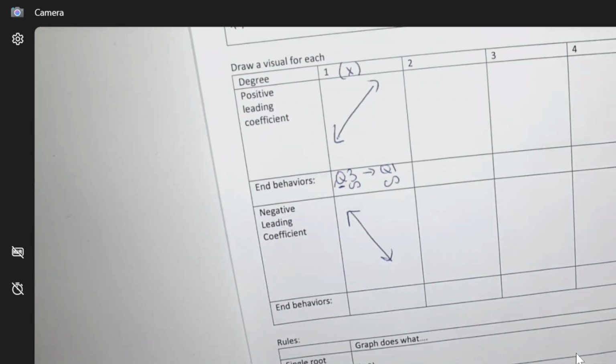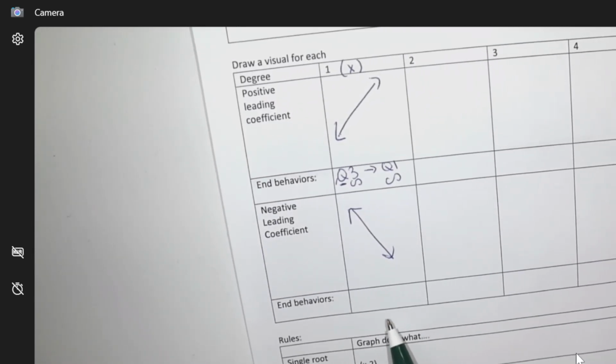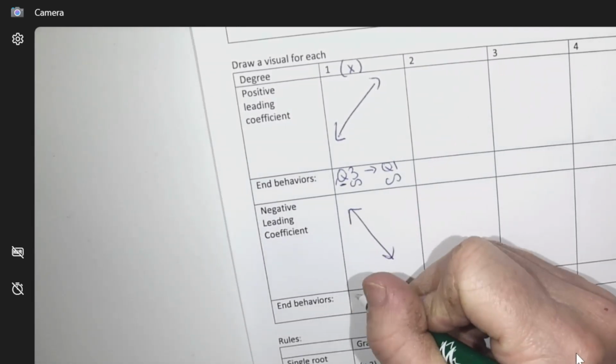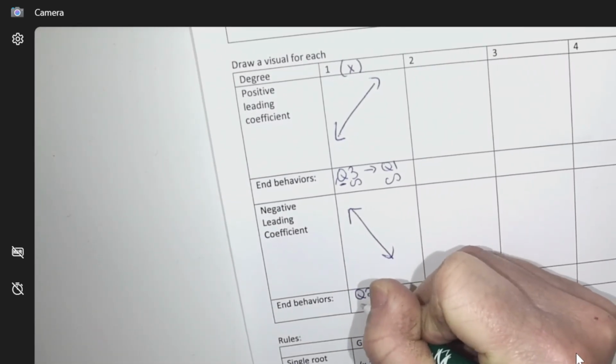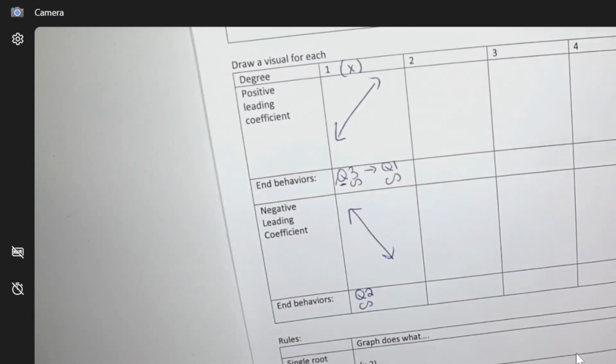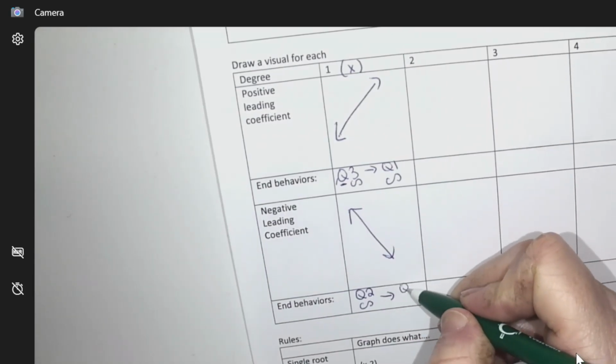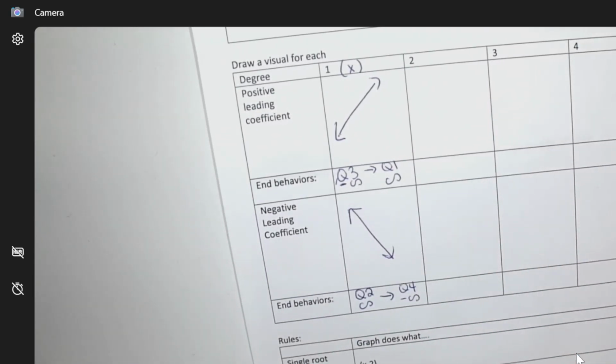So the end behavior goes from quadrant 3, negative infinity, into quadrant 1 to positive infinity. Versus this one, you would start from quadrant 2 at infinity, and then you would head towards quadrant 4 going down.